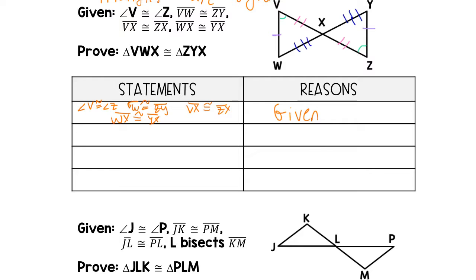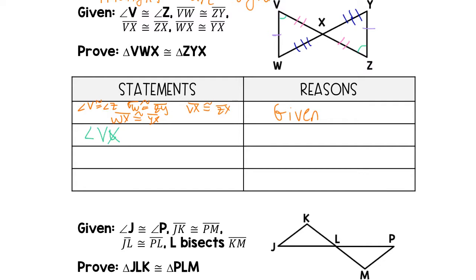Next, let's think about the other angles that we don't know about. We don't know about VWX or ZYX. We don't know about VXW or ZXY. That's probably the easiest one for us to start with because those have a special name.